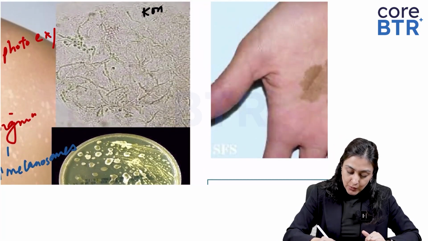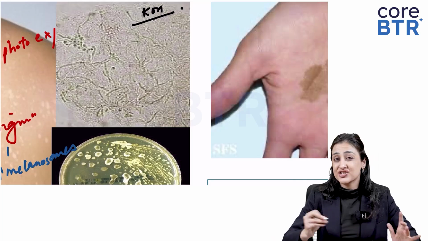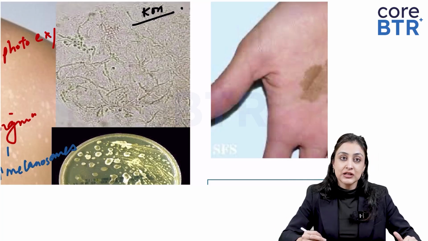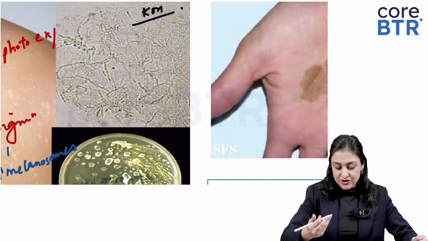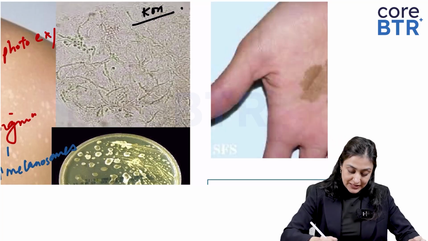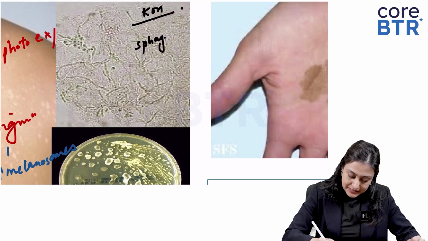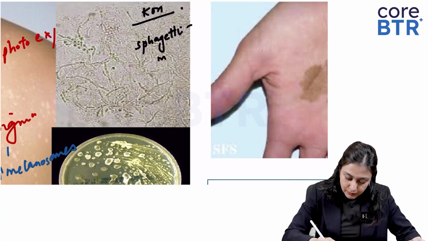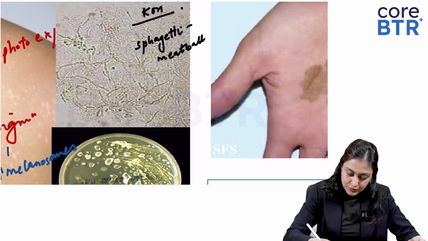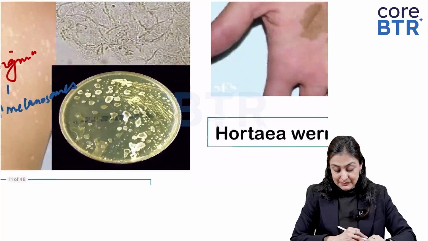So you can see the KOH mount whenever you suspect a fungal infection. Tinea versicolor, you will always do KOH and you'll see these hyphae here. And this is what has been described as spaghetti and meatball appearance, because you can see lines, spaghetti, you can see meatballs. So that's spaghetti meatball.